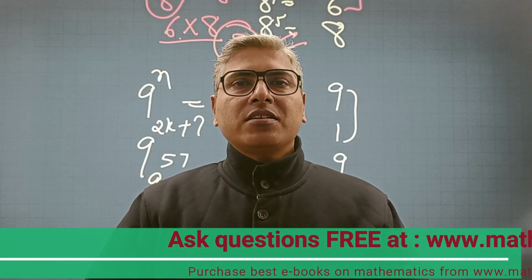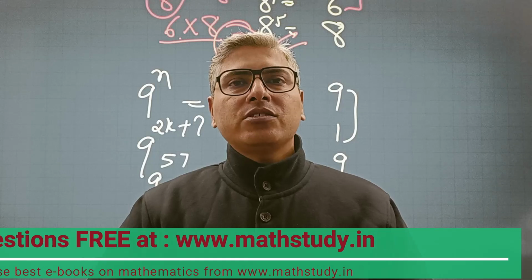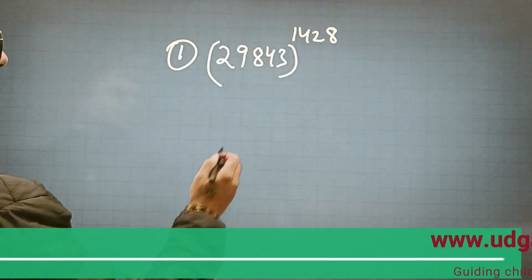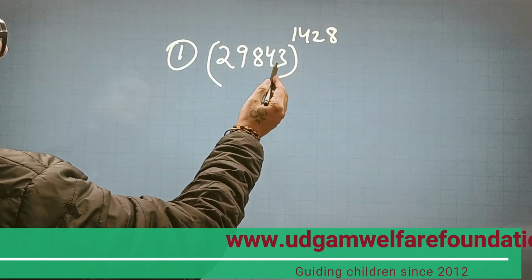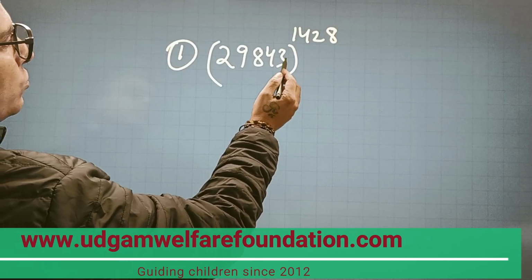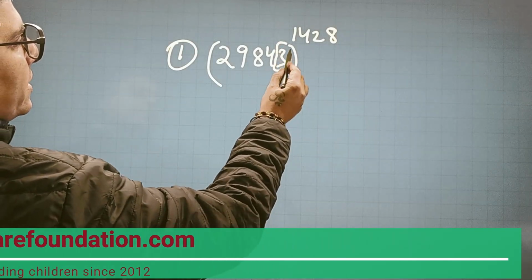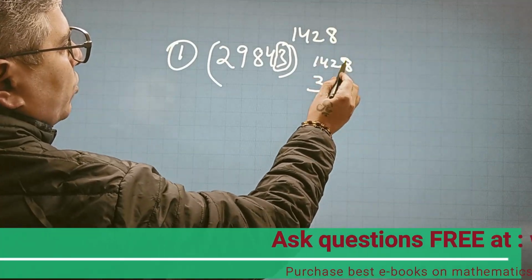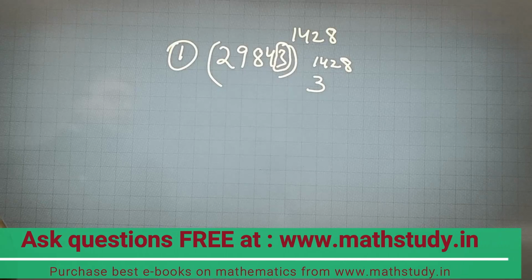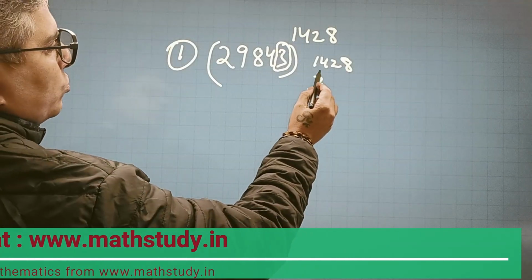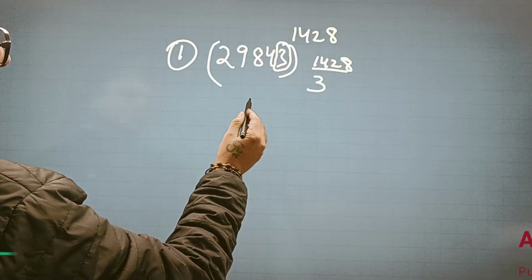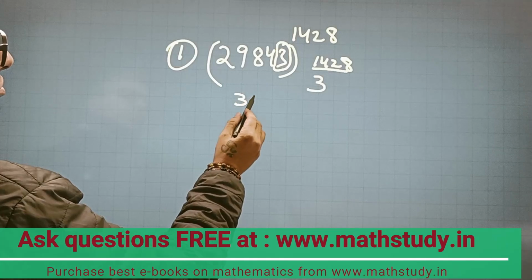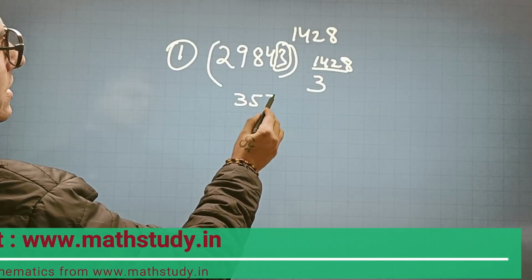Now we are going to discuss big numbers and use all these concepts on those numbers. Here we need to find the digit at the unit place when we expand this. What we need to do is focus on this number only, that is 3. So we have to write it this way, 3 raised to the power 1428, and apply what we have studied before. We have to divide this number by 4. After dividing it, what are we going to get? 4 3s are 12, 22, 4 5s are 20, and 4 7s are 28.